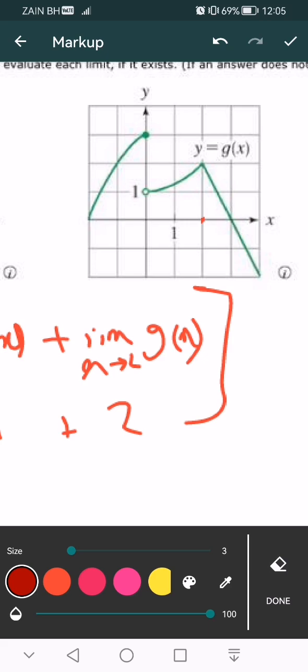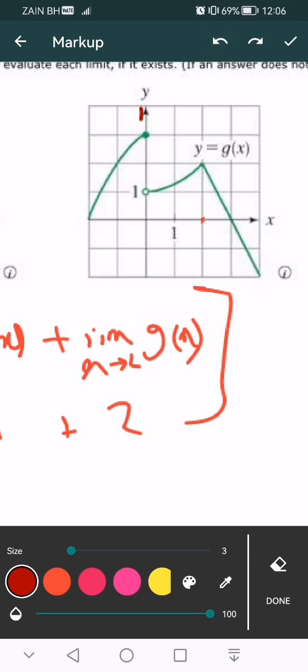The concept that I explained: when I come to the 0 from the left side, I will get to the 0. Where is the 0? This is the 0. Okay, when I come from the right side, the value is 3. Here 3.